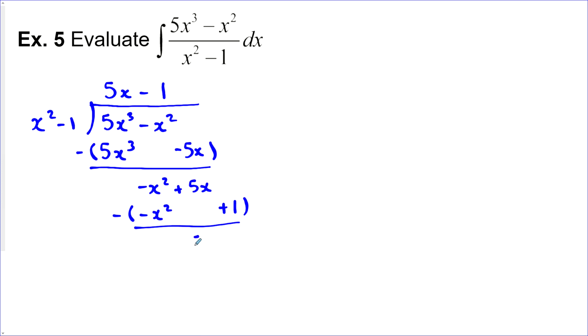Then we're left with a 5x minus 1. Okay, now we can rewrite our integral here. So we got 5x minus 1. And then, quite amazingly, we've got a remainder of 5x minus 1 over x squared minus 1.